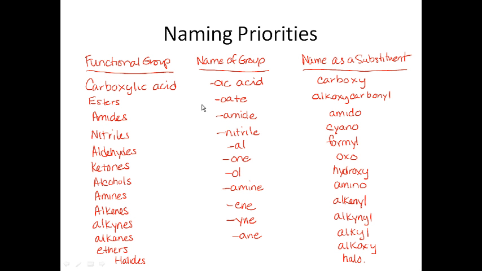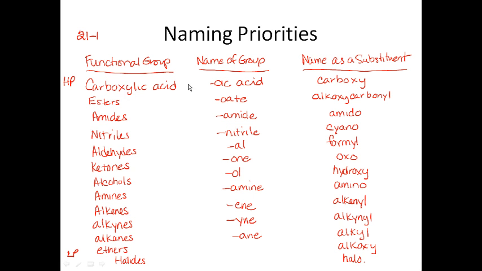So here's actually a list, and this is table 21.1 in your textbook, where the functional group, the name of the group when it is the highest priority in the molecule, or the name of it when it's a substituent, is listed, and it goes from the highest priority down to the lowest priority group.